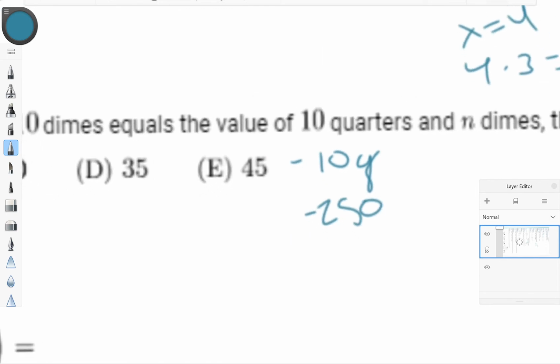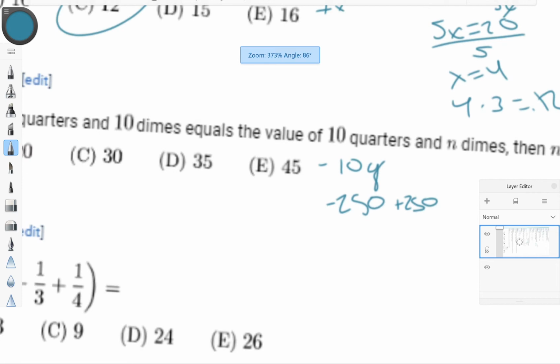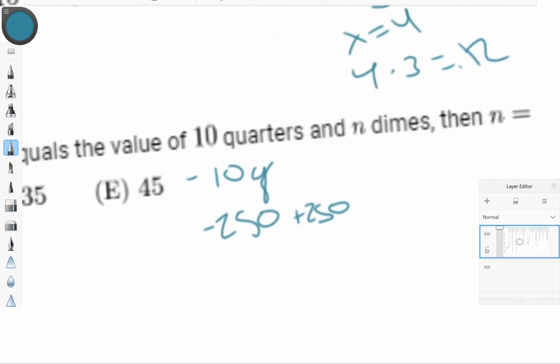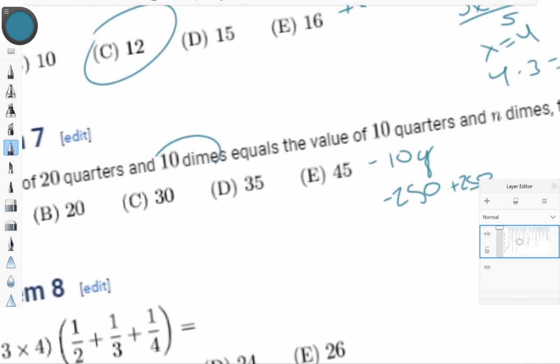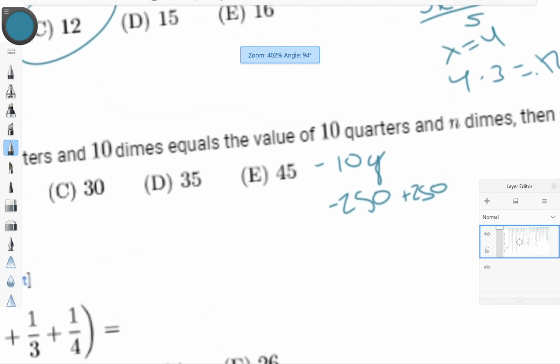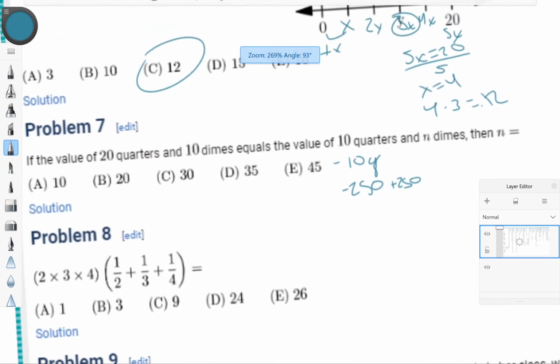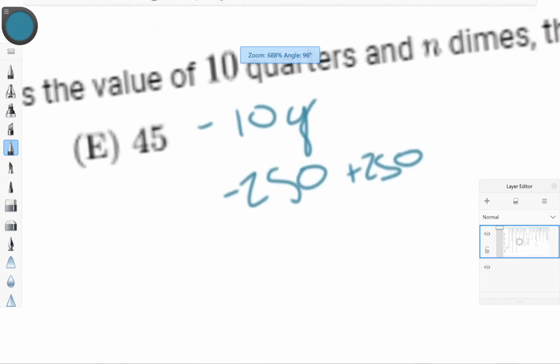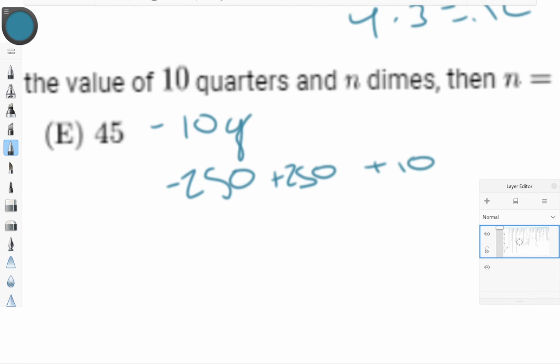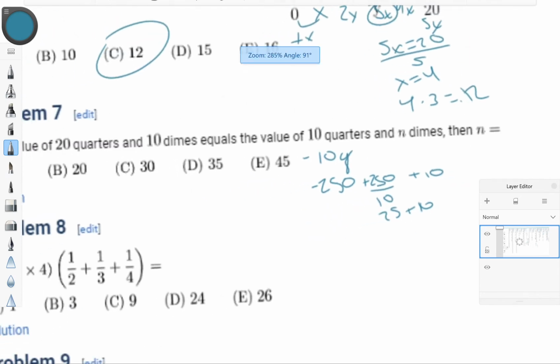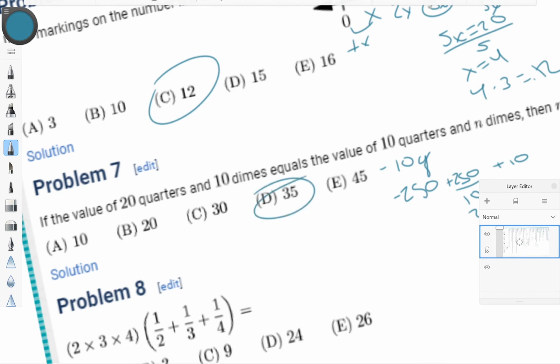So then we want to add 250 in dimes already, and then plus the already 10 that were, wait, is it plus? I think it is, yeah. No, it's not, obviously. So yeah, and then we also want to add 10 more. Right, 250 over 10 is 25 plus 10, 35.